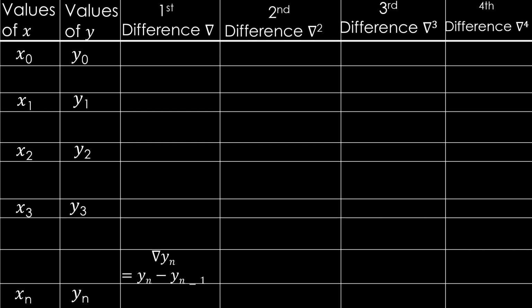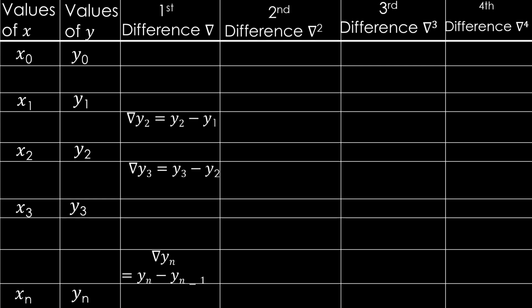Similarly, we move upward and write del y3 is equal to y3 minus y2, and it should be written in between the gaps of the y2 and y3 rows and in the column of first difference. The next one, del y2 is equal to y2 minus y1. Observe the place where it has been written.